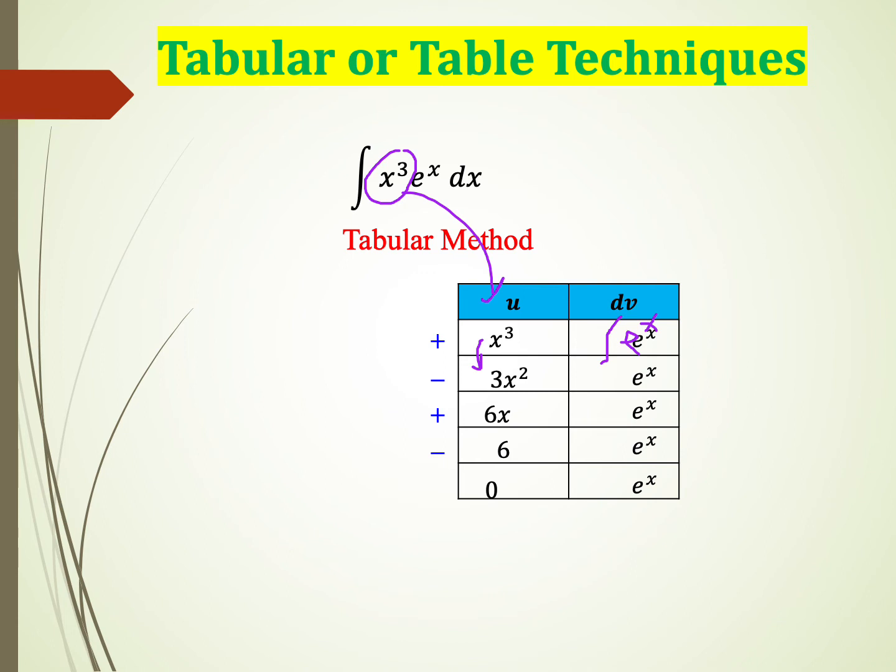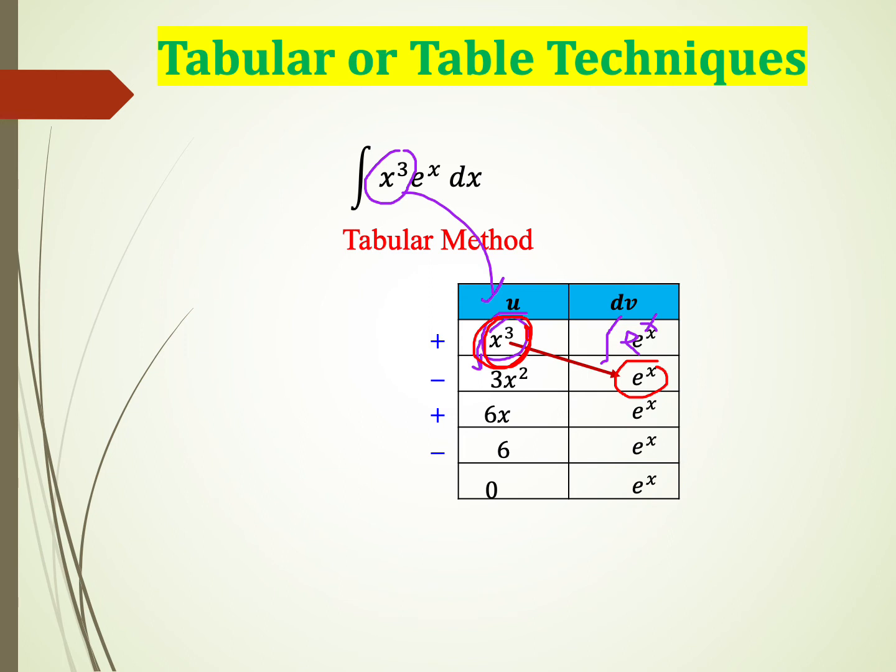After filling the table, I will multiply this part, which is x to the power 3, diagonally by the second one in the table. And I take the first sign, which is a plus.